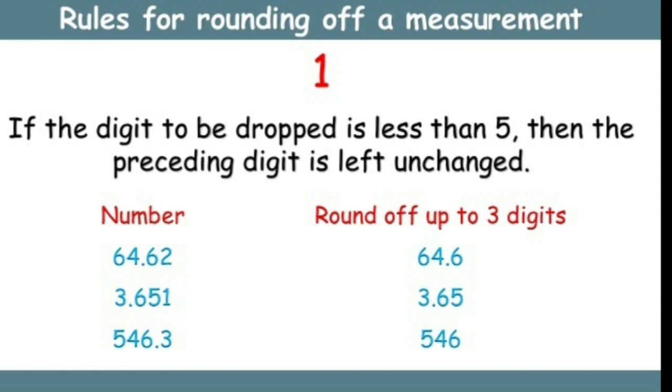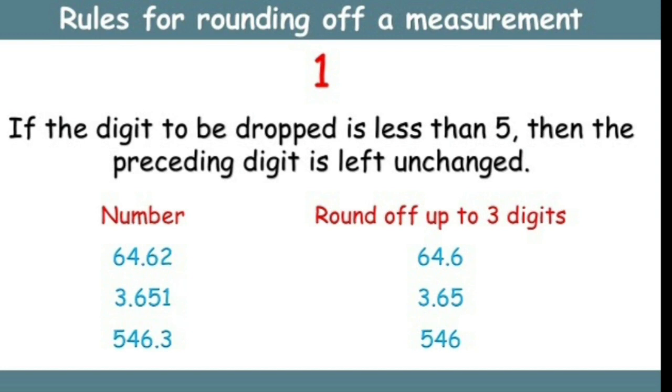For that purpose we do what? Rounding. Okay, so we will take examples. So what is the first rule? If the digit to be dropped is less than 5, then the preceding digit is left unchanged. Okay, so we will discuss with examples.